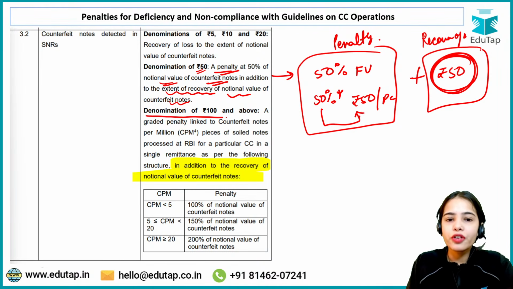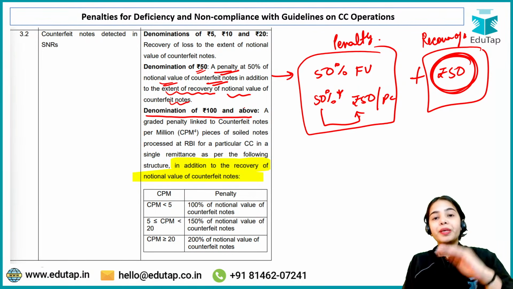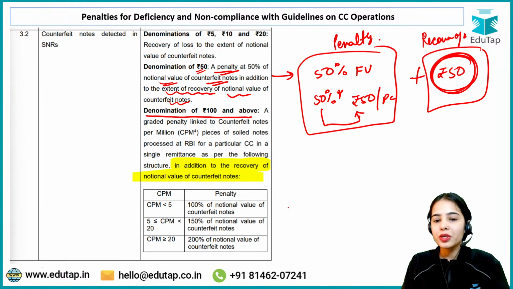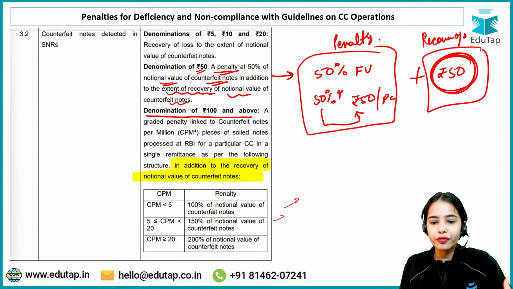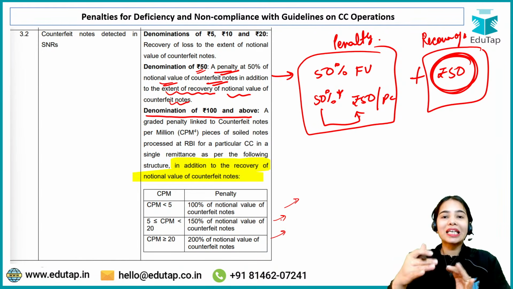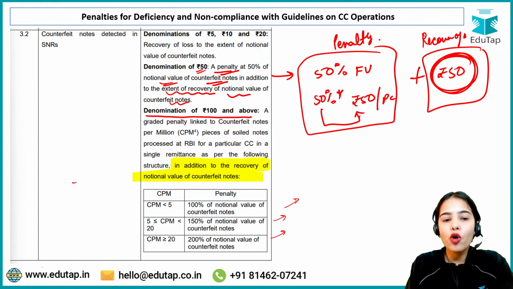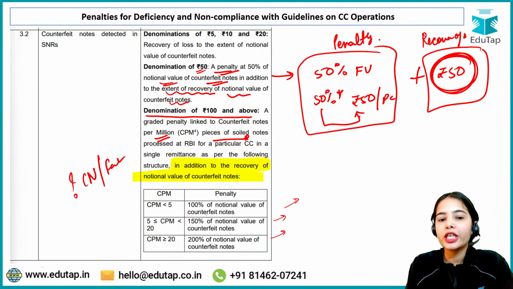Similarly, for denomination of 100 rupees and above, in this case there will be a graded penalty. Okay, 100% of the notional value will be the penalty, or 150% or 200%. So there will be a graded penalty on the basis of how many counterfeit notes have been found per million pieces of soiled notes.